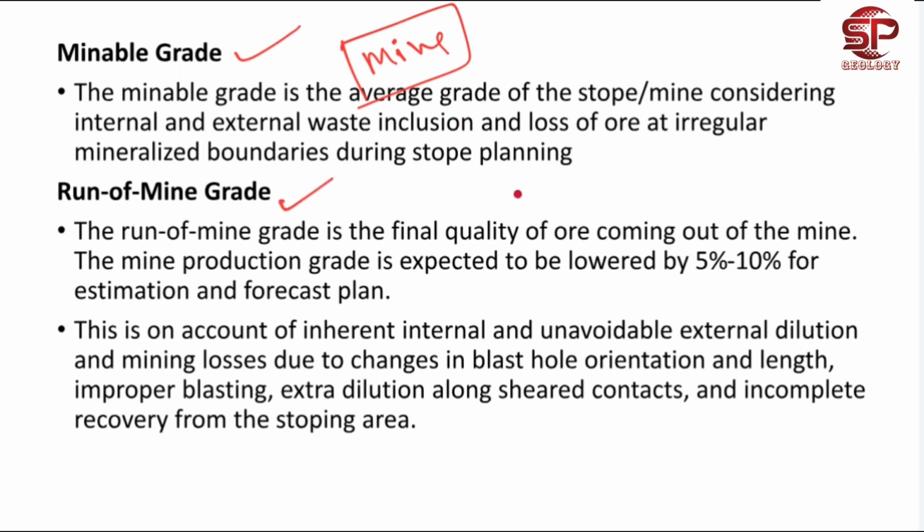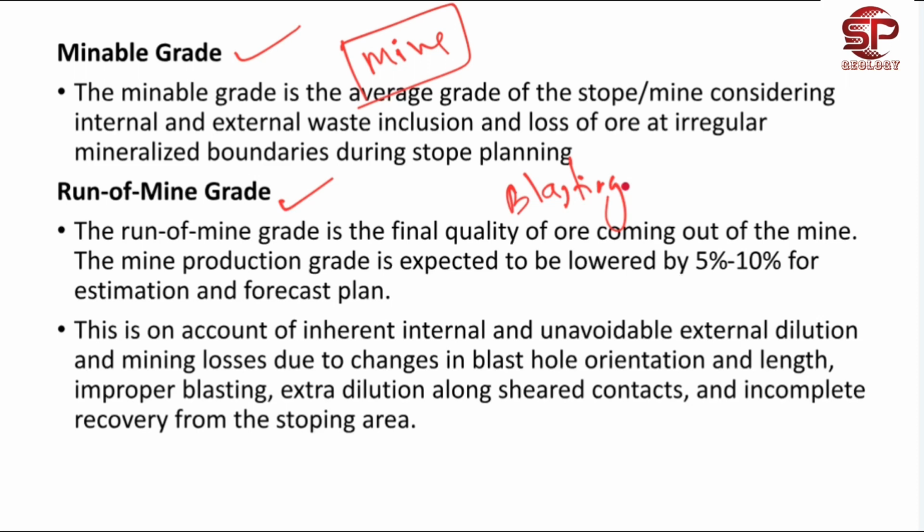Run of mine grade is generally after blasting. What they do, they take samples and get an overall idea that this much amount of this grade will be there in this area. They have planned with the drill holes during exploration, but now they have blasted that area.